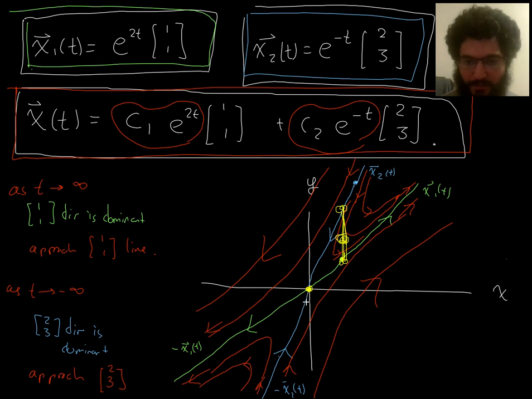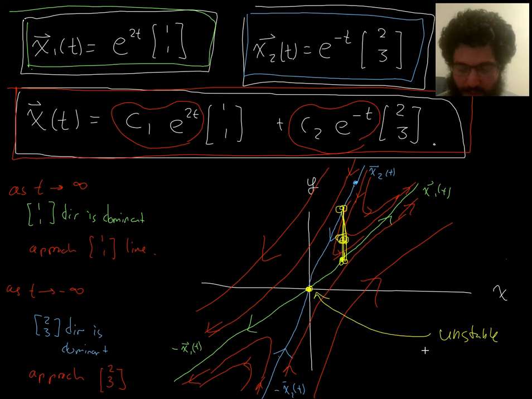Either way. If you perturb it here, then also it'll come back to the origin. But any other place you move it to, like here or on the green line, it'll explode out away. So in this mixed situation, you would say it's unstable. So the origin there is an unstable critical point.